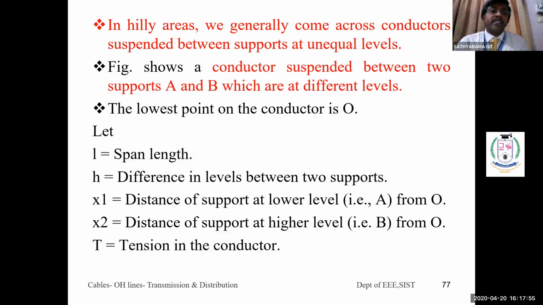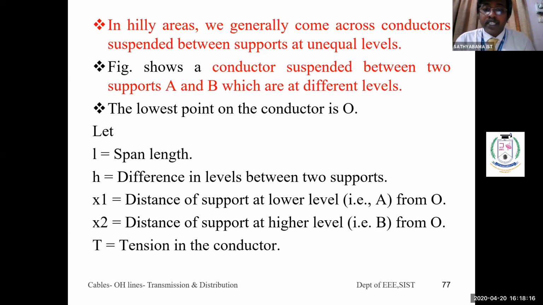As I said, in hilly areas we generally come across conductors suspended between unequal levels. This slide is written based on your diagram. Let L be the span length and H the difference in level between the two supports.